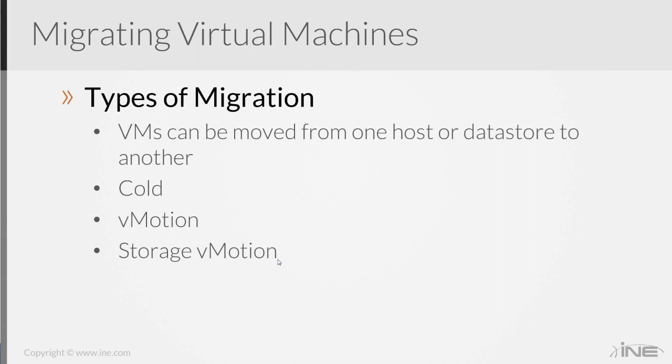So a virtual machine is running and we move it from one host to another. Okay. We'll get into vMotion in more detail in a little bit. Next, we have storage vMotion. Here we are migrating a virtual machine file while that virtual machine is powered on from one data store to another.